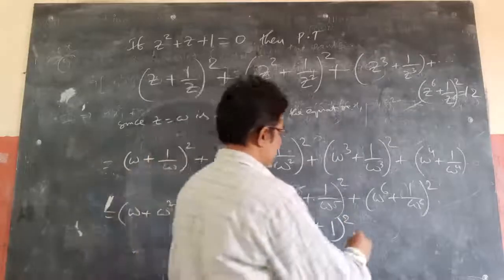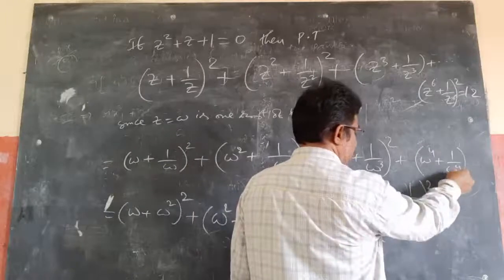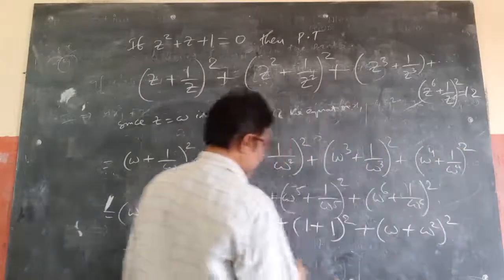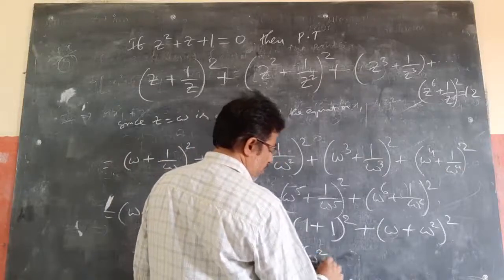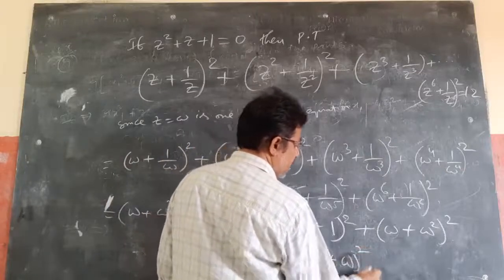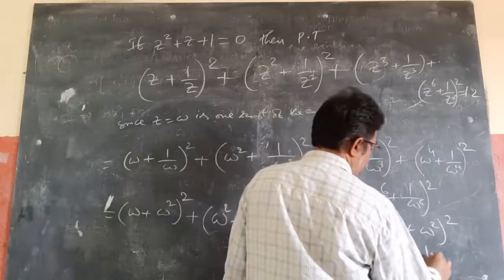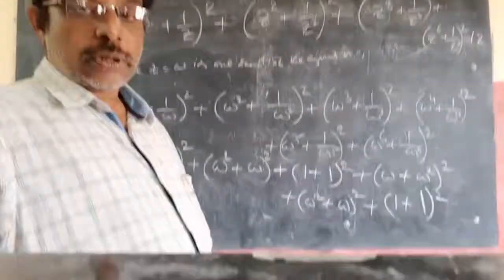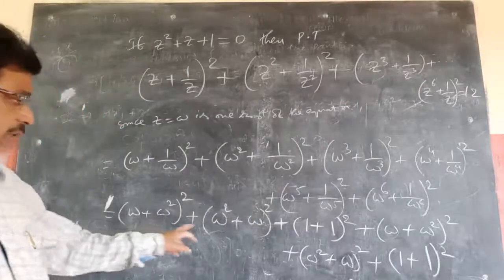Omega power 4 is omega, and 1 by omega is omega square, whole square. Omega power 5 is omega square, 1 by omega square is omega, whole square. Omega power 6 is 1, and 1 by omega power 6 is also 1, whole square. Like this we can write all in terms of omega.